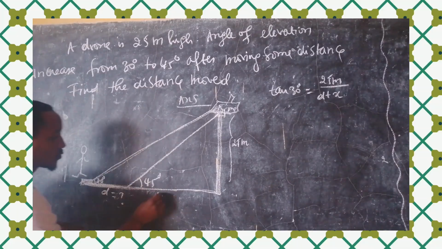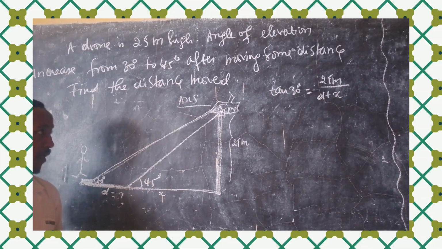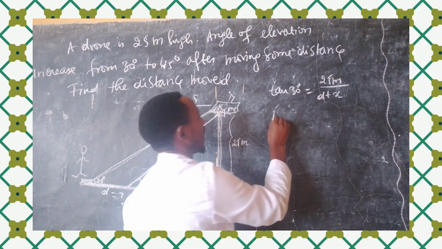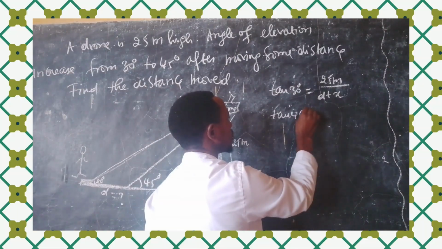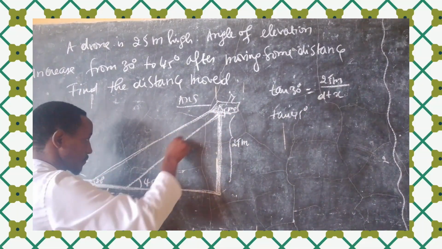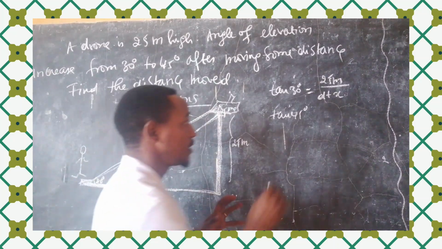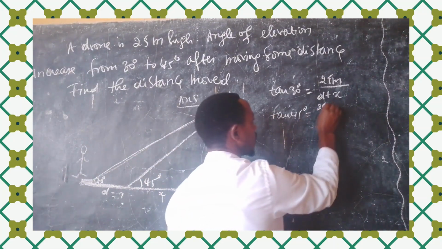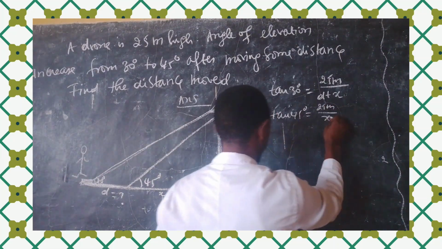Also, when you use tan of 45 degrees, consider this, it is equal to 25 meters over x.